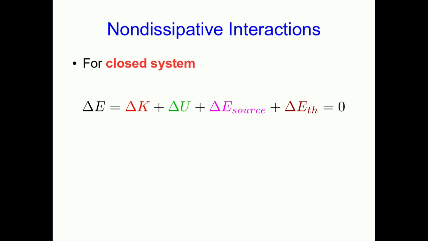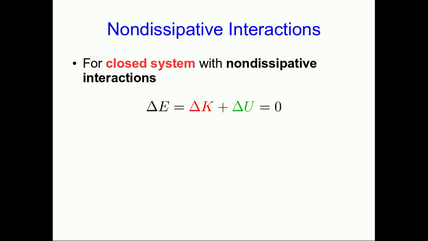For any closed system, by definition, the total system energy is constant, or in other words, the change in system energy is always 0, and we can express that as a sum of the change in kinetic, potential, source, and thermal energies. If the system only has non-dissipative interactions, then there can't be any change in source energy or thermal energy because those involve dissipative interactions, and so the expression simplifies to the change in kinetic energy and the change in potential energy add up to 0.